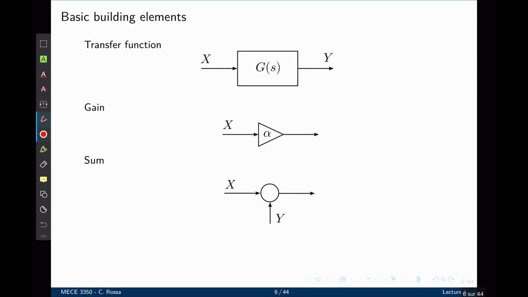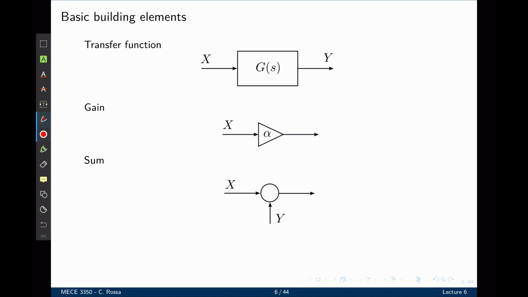To create block diagrams, let's start by looking at the basic building elements that will constitute complex block diagrams. Each of these building elements will represent a specific mathematical operation. The simplest one is the transfer function. Consider the transfer function G of s. The input to a system is x.